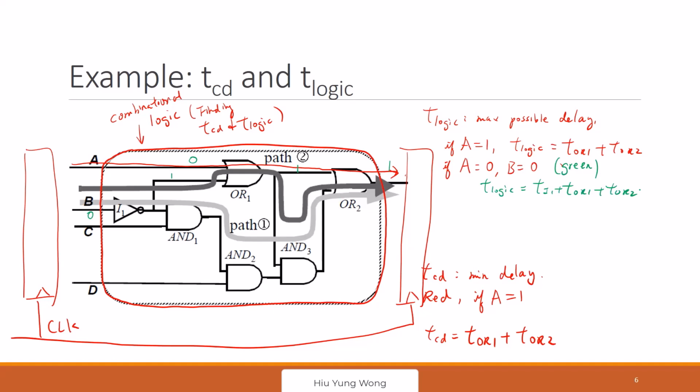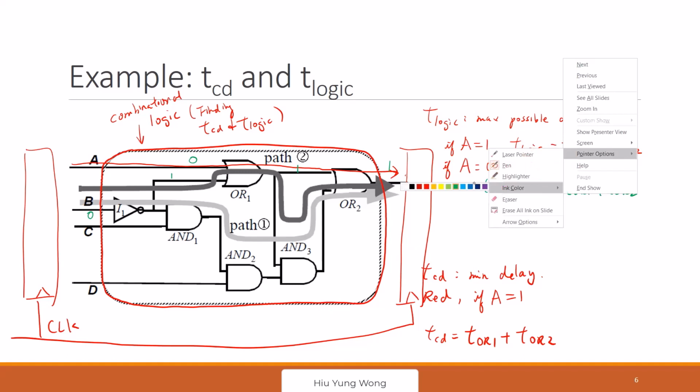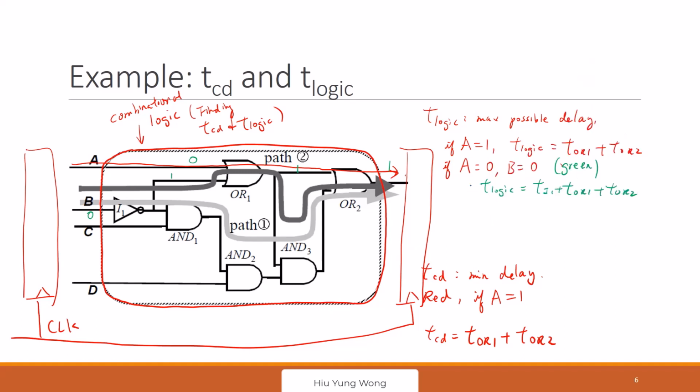Now we have the last possibility, right? Because all the possibility is I start with A equal to 1, we're done, very short, we don't think it's the logic, the maximum delay. A equal to 2 and then B equal to 0, that is one case, it gives us this. Then what if A equal to 0 and B equal to 1? We have everything already, right?